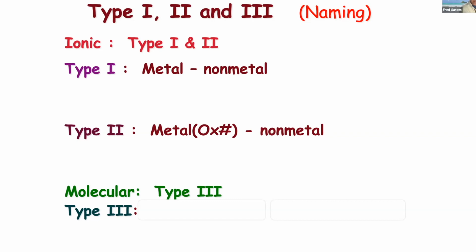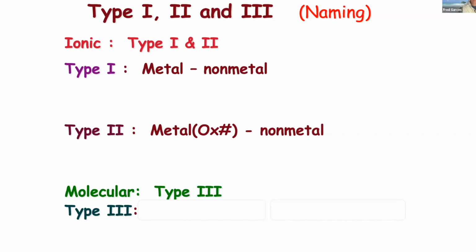The oxidation state, like iron 2 or lead 4, okay? It tells you how many electrons that element gave up in order to form the compound, in order to form that ion. So if I say iron 2, that means it gave up 2 electrons, because iron 2 means it's iron plus 2.